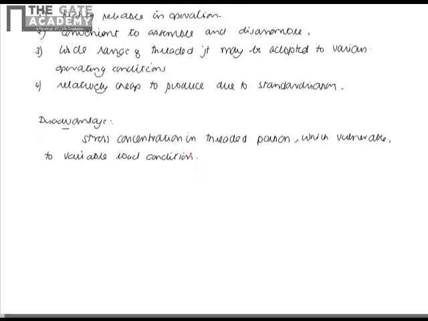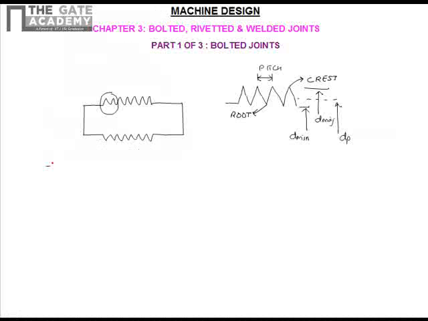Now we'll see what the major thread standards and definitions are. The major definitions in the thread geometry are the different diameters shown in this figure: major diameter, minor diameter, pitch diameter.